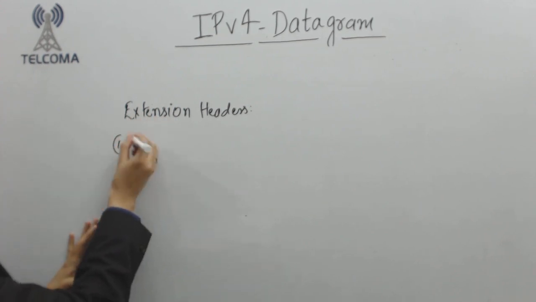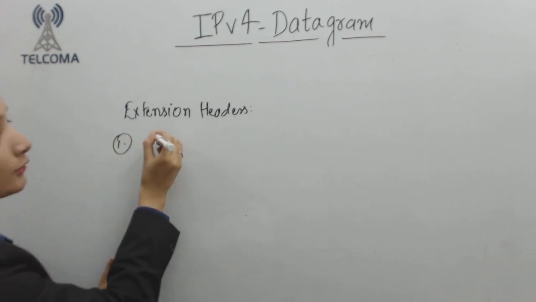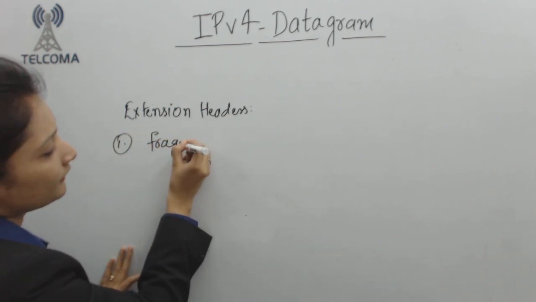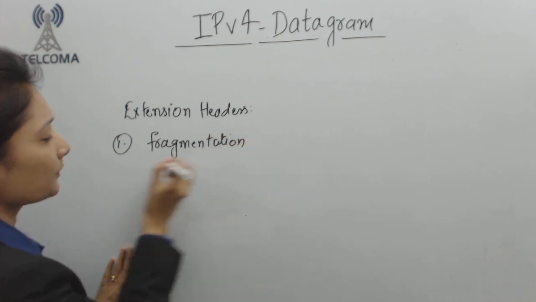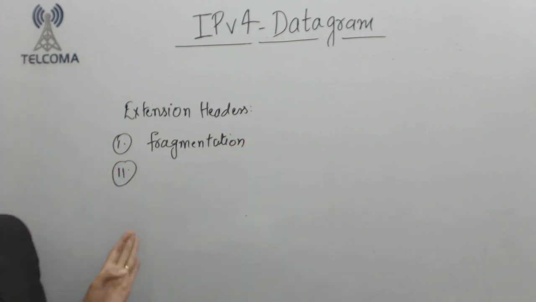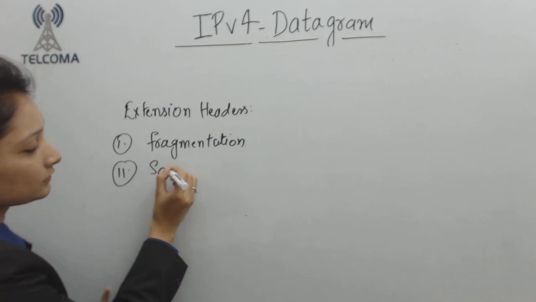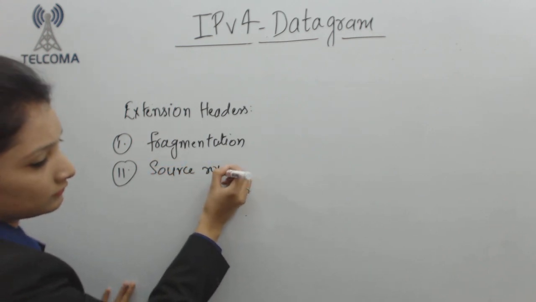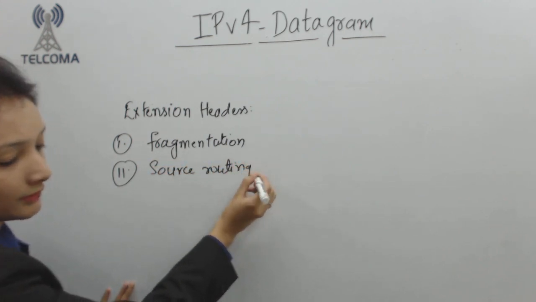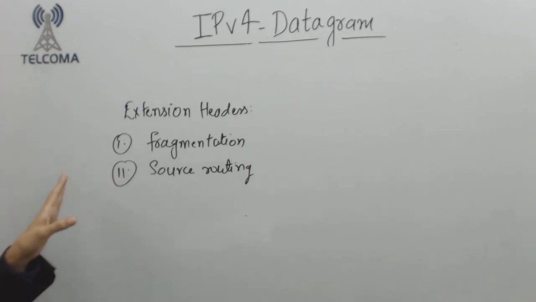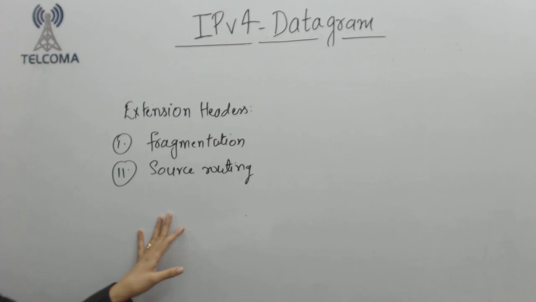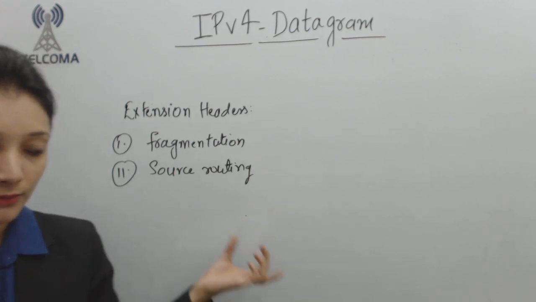So the extension headers are like fragmentation. Whenever it is required, this could be inserted here. After that, source routing. This basically combines the concept of strict source routing, not the loose source routing.